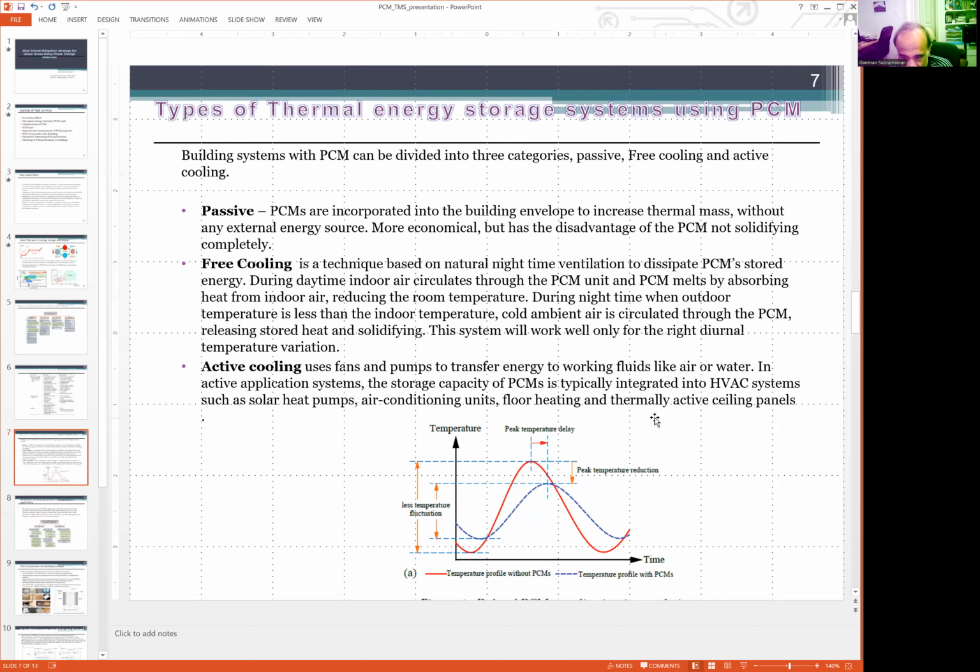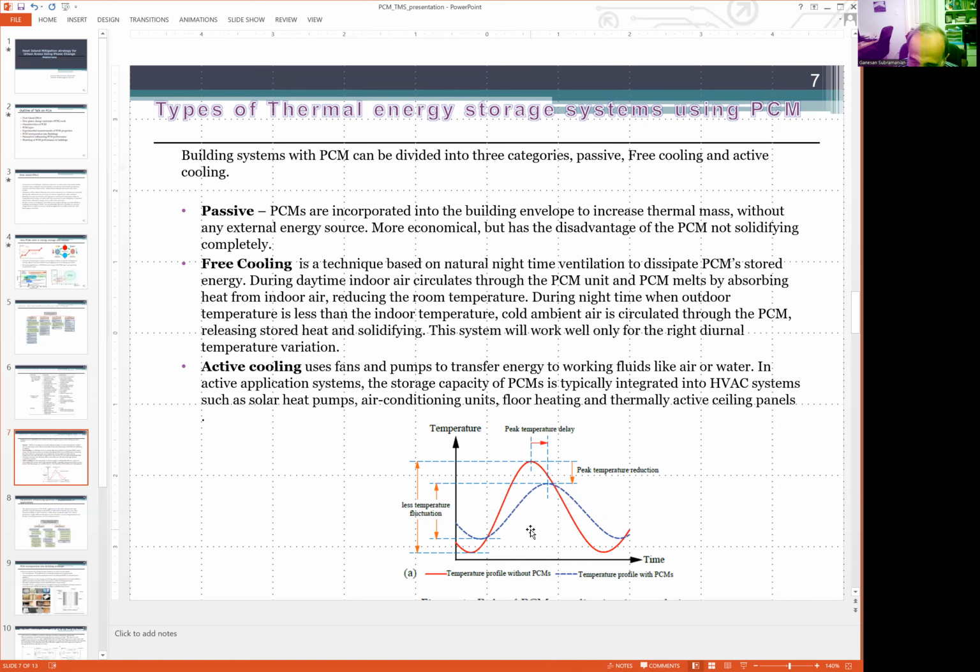And we'll show how a PCM embedded air conditioning unit operates in the next slides. Now, the chart here basically shows the mechanism of how the storage system works.